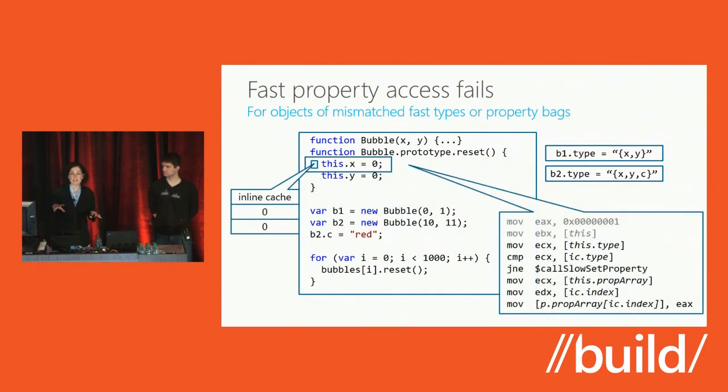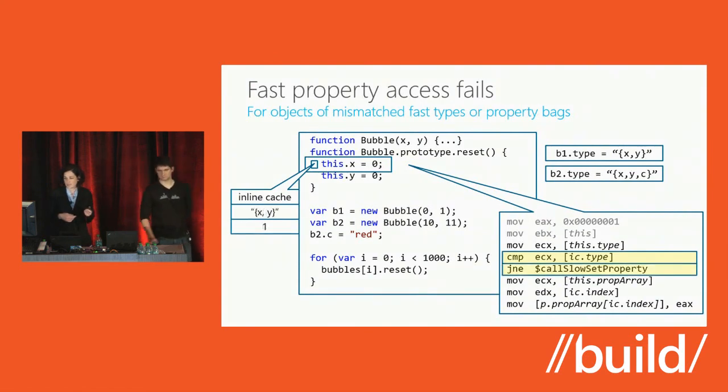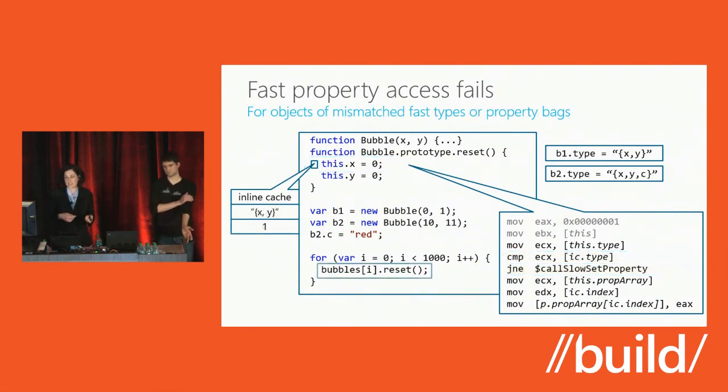But because b2.c equals red forces you to create yet another object, the inline cache that I had previously created for the previous version of the bubble object, I can't use anymore. And so that causes me to fall back into the super slow version of it. So you definitely want to use consistent types in your application.